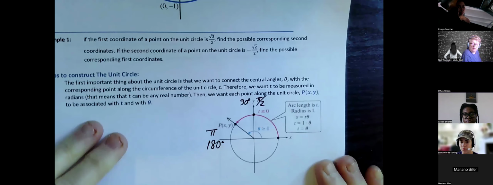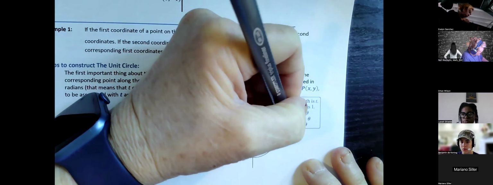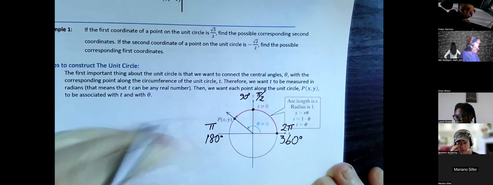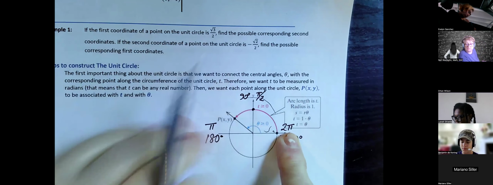Pi by itself is easy. That's pi, 180. And then we think of 2 pi pretty easily. That's 360 degrees all the way around. So we think of starting at 0 and going all the way around to 2 pi.